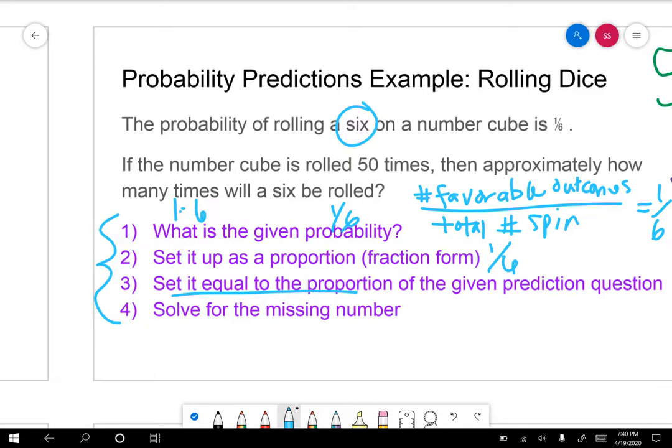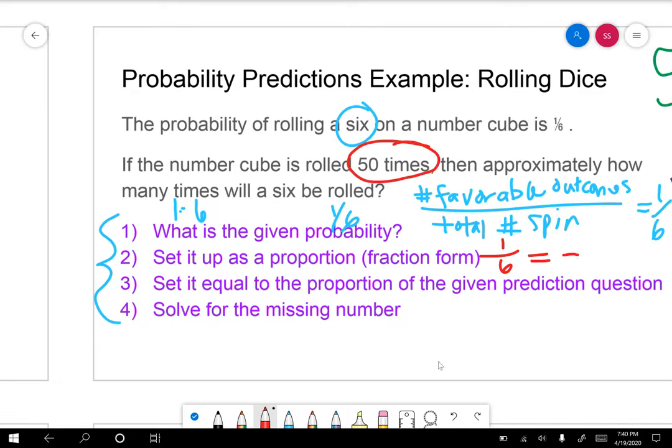In this case, we have the total number of spins on the bottom, which here was 6. I'm just going to erase that part and rewrite it a little bit. 1, 6.